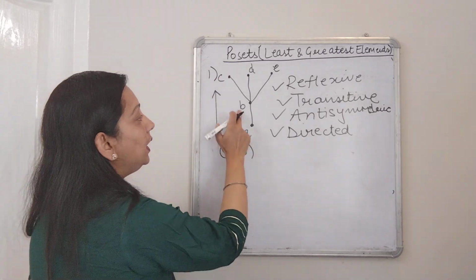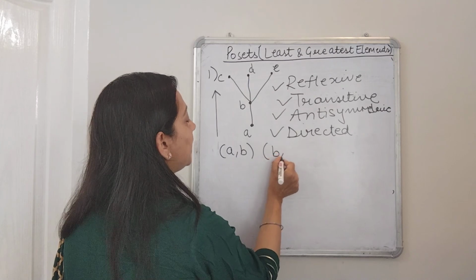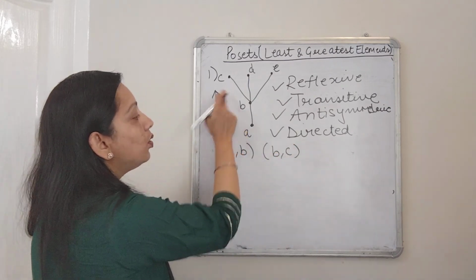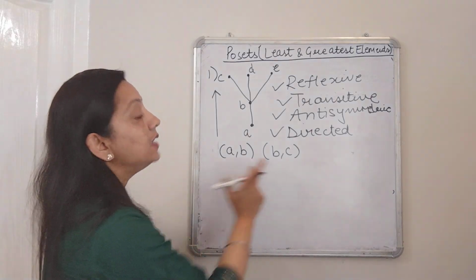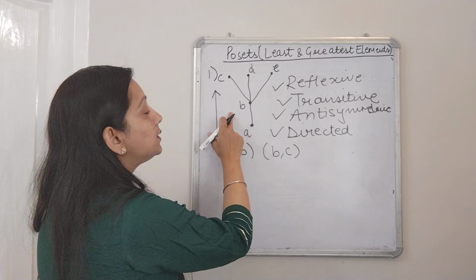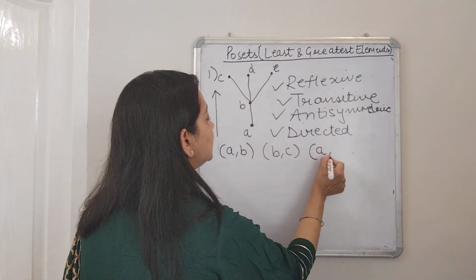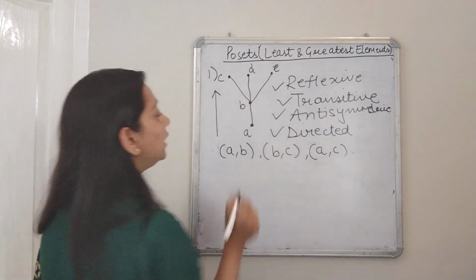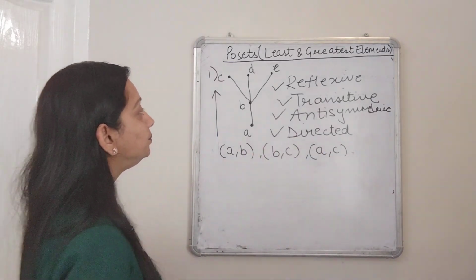Then B and C are also related. And when AB and BC are related, since this poset is transitive, it is obvious that A and C will also be related. So AB, BC and AC.